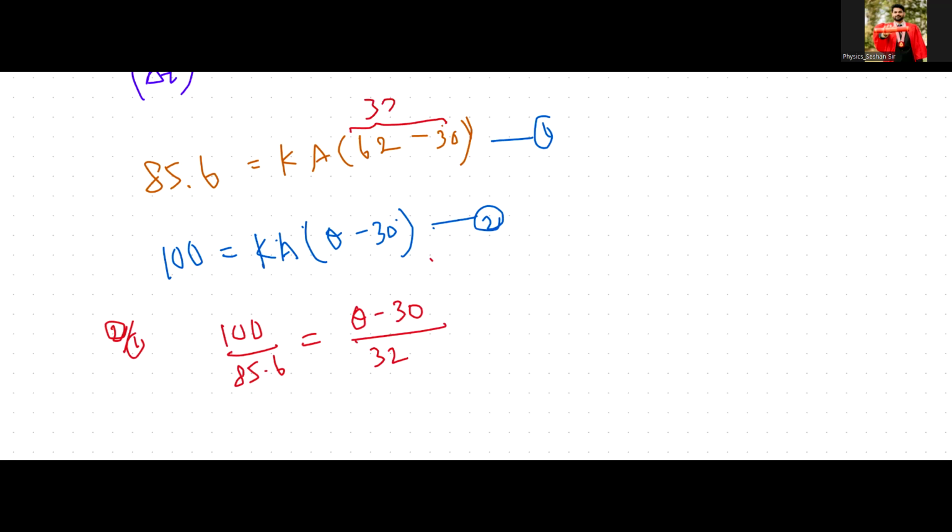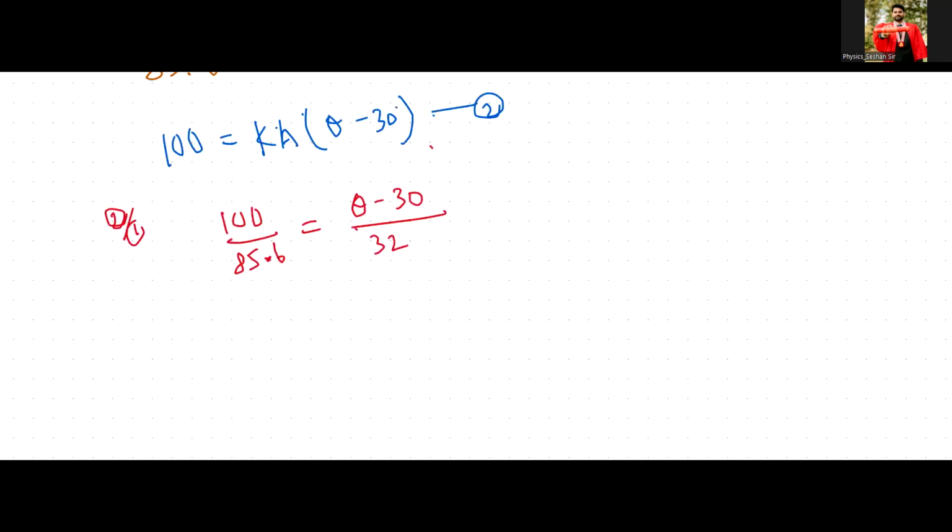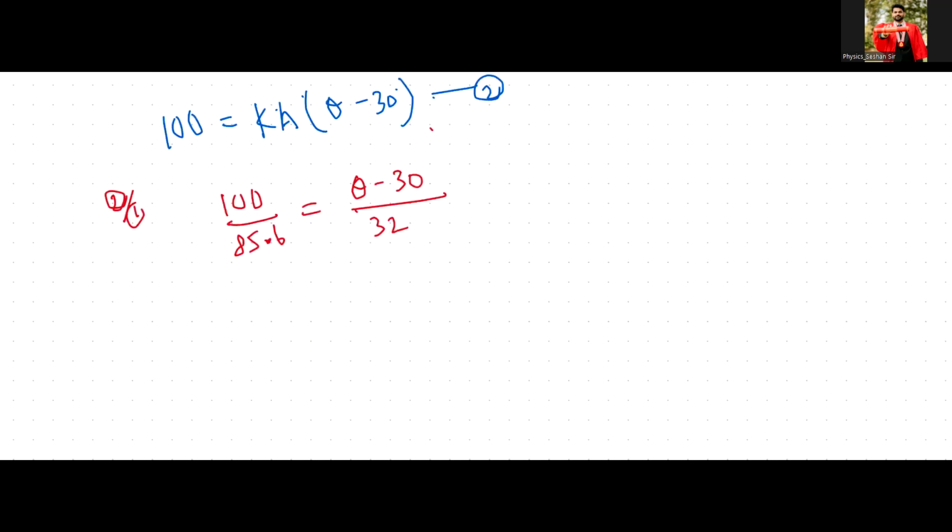Now here we have the decimal point, so we can take this to the other side. It is multiplication now: it was in the denominator, now it is in the numerator. So 100 into 32 divided by 85.6 equals theta minus 30.